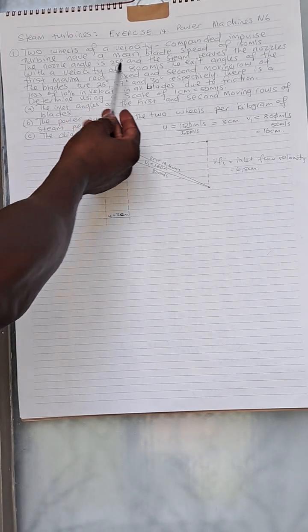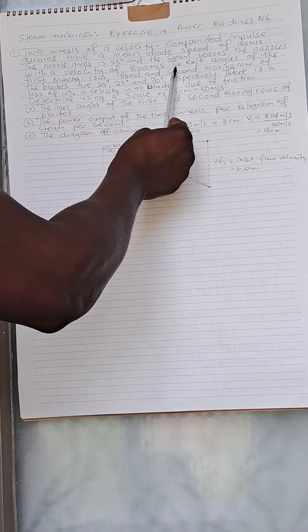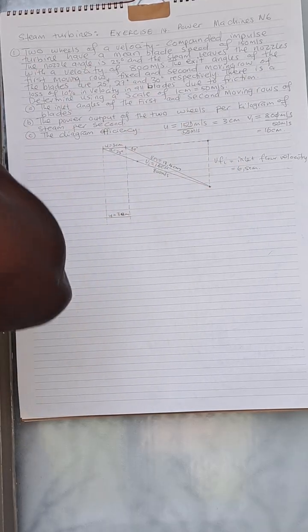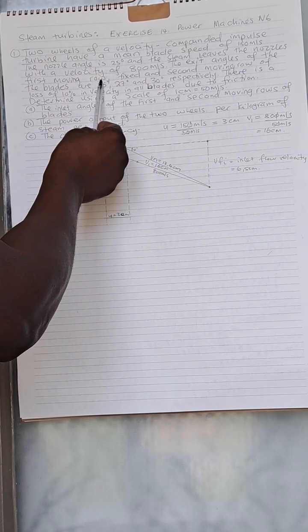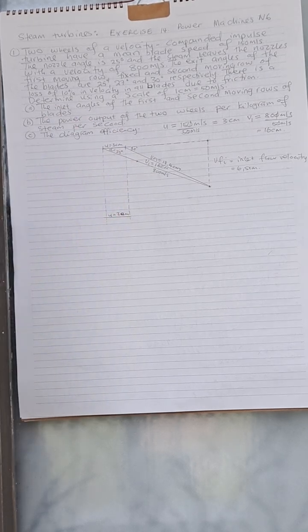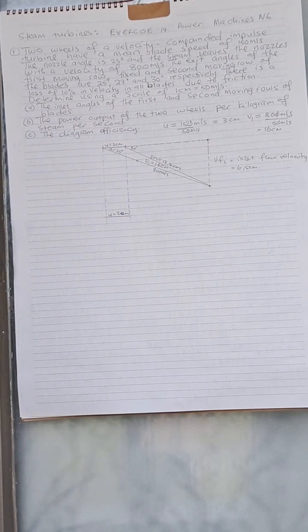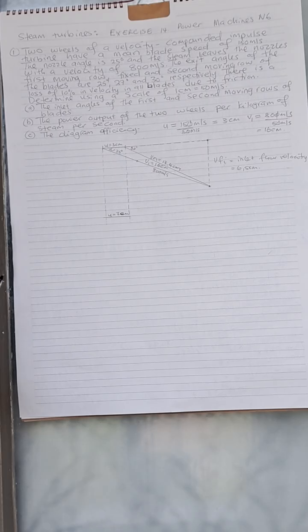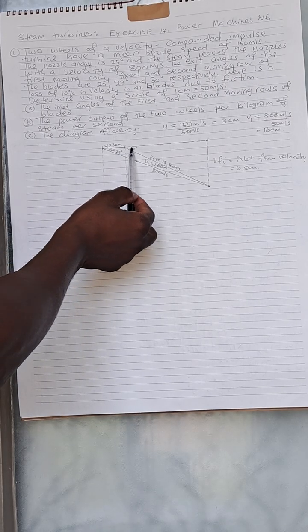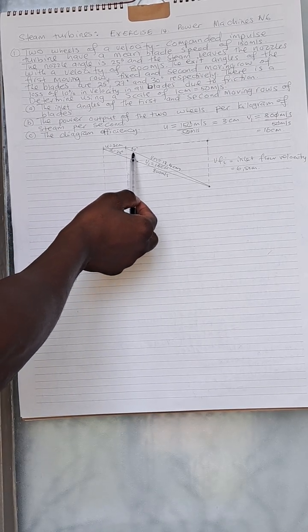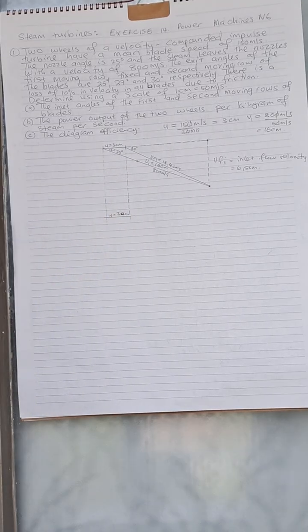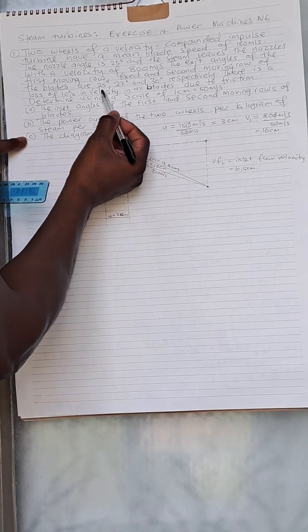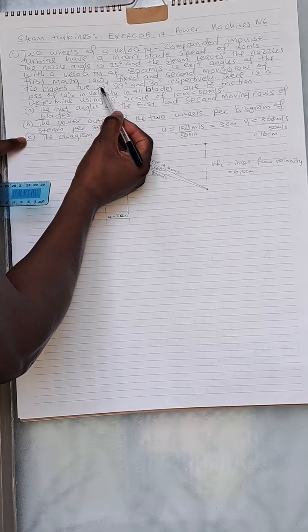They are telling us that the exit angle of the first moving row, you must not forget our first moving row. This is our first moving row, because already we have this outlet. The angle is given to be 25.